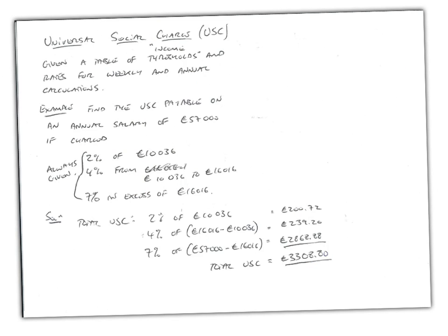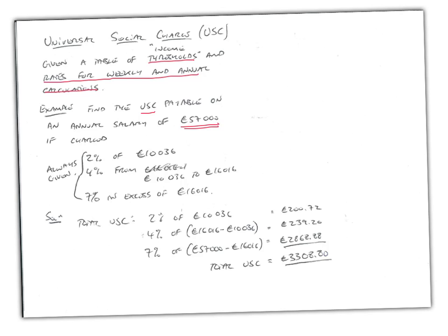Now let's consider the universal social charge. So you're always given a table of income thresholds and the corresponding rates for either weekly and or annual calculations. So for example, find the universal social charge payable on an annual salary of 57,000 euros.